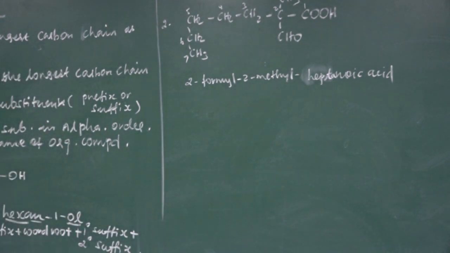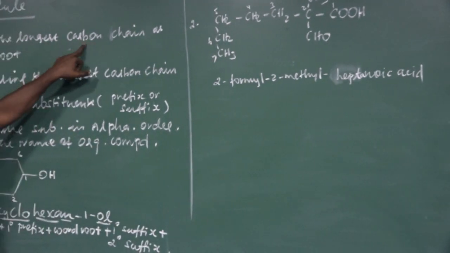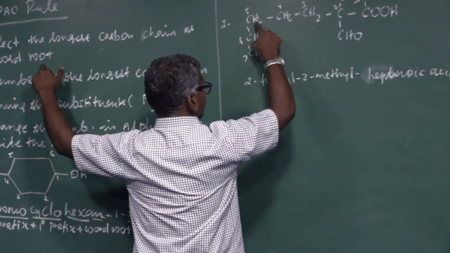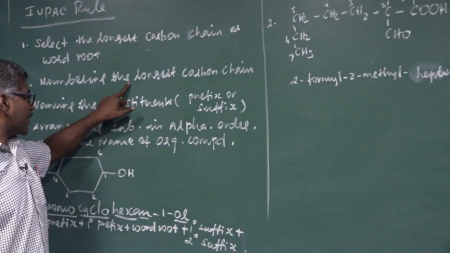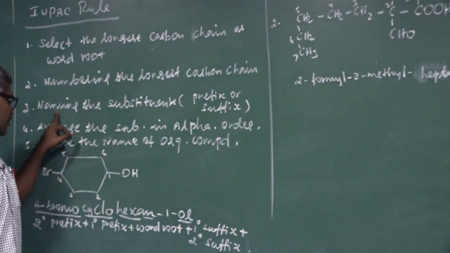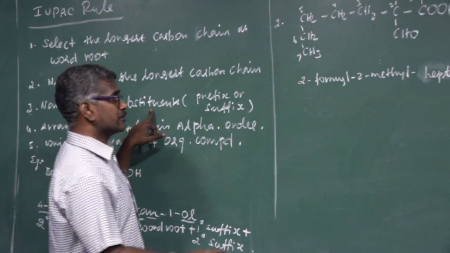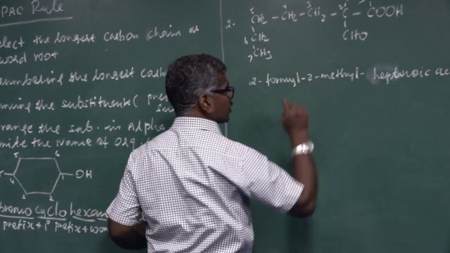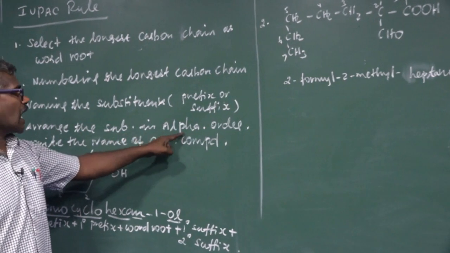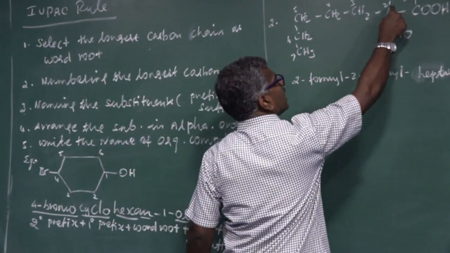This is an example for the other compound. What is the first step? Select the longest carbon chain as the word root. 1, 2, 3, 4, 5, 6, 7. Numbering the longest chain, totally 7 carbon atoms. Another one, naming the substituents. This is a methyl group, another is an aldehyde group. Arrange the substituents in alphabetical order: formyl, methyl.